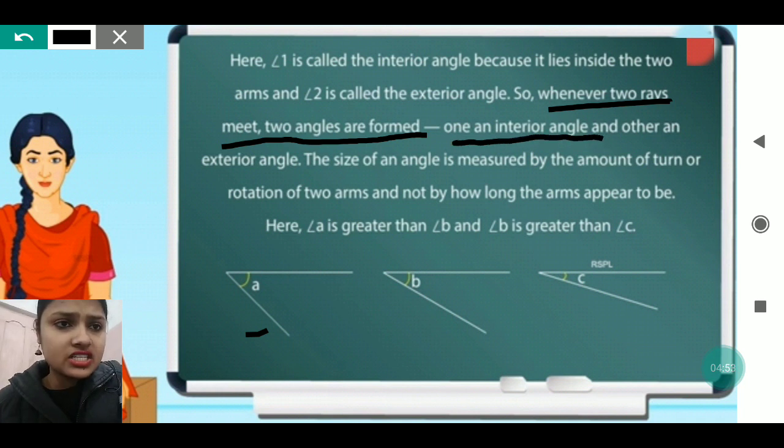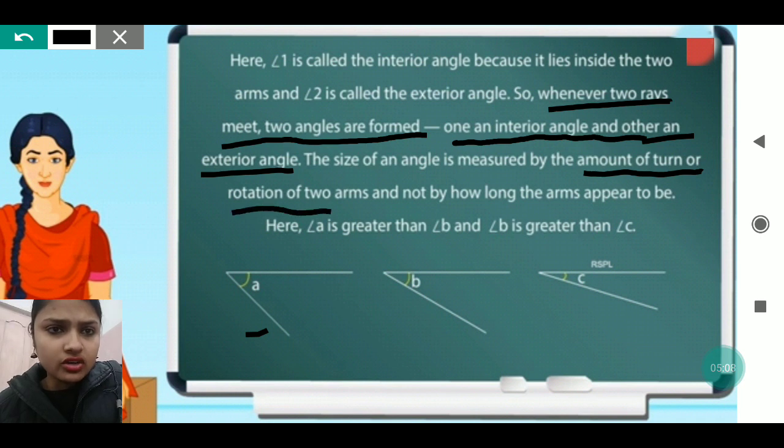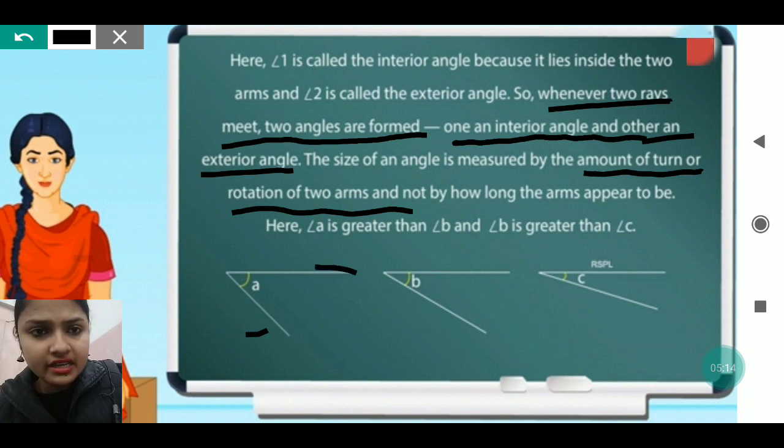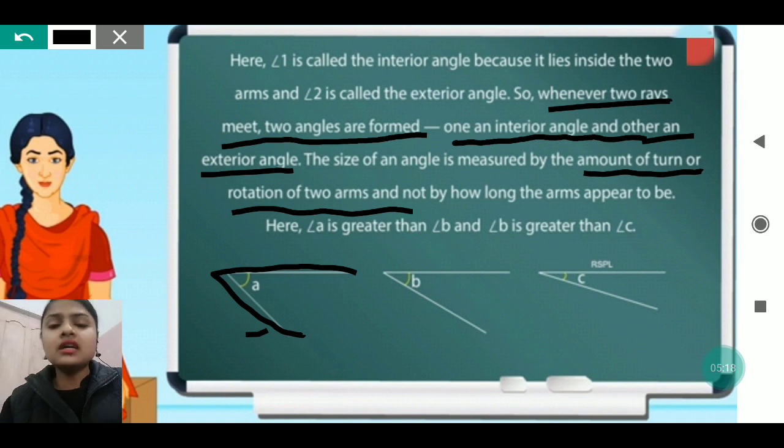One is an interior angle and the other is an exterior angle. The size of an angle is measured by the amount of turn or rotation of the two arms. You can keep the protractor and measure how much the arms are moving.